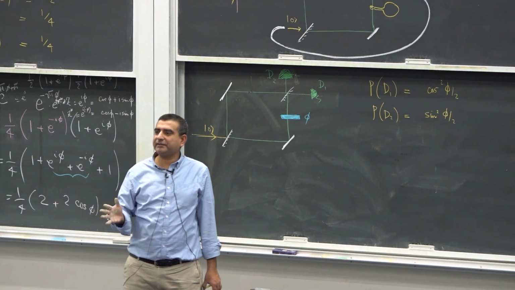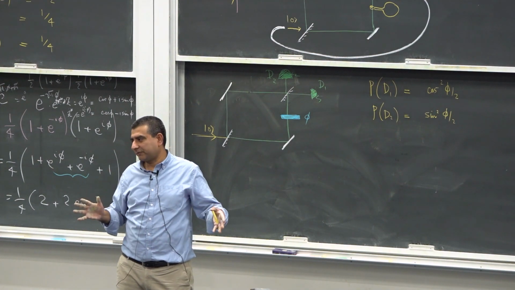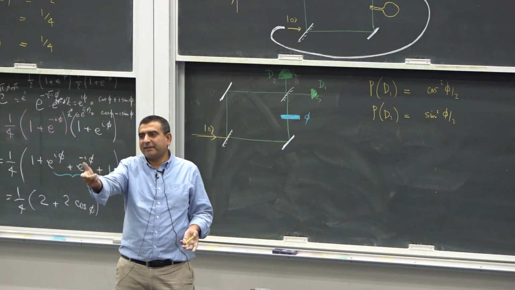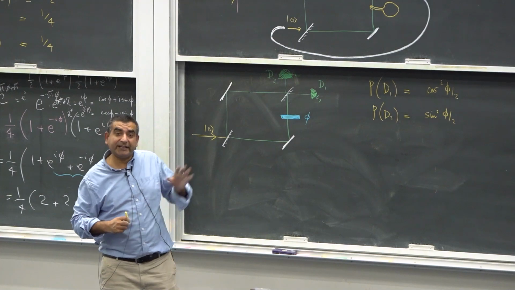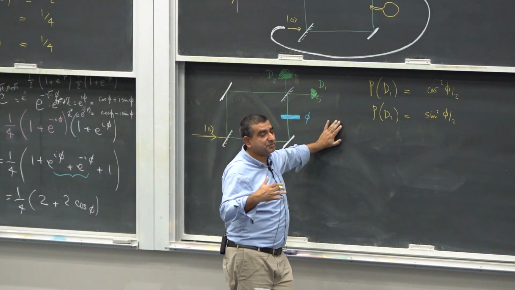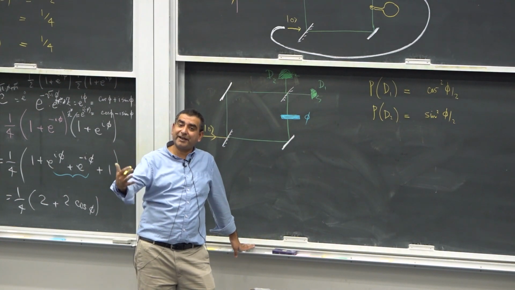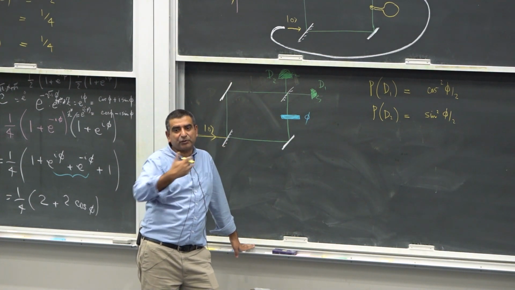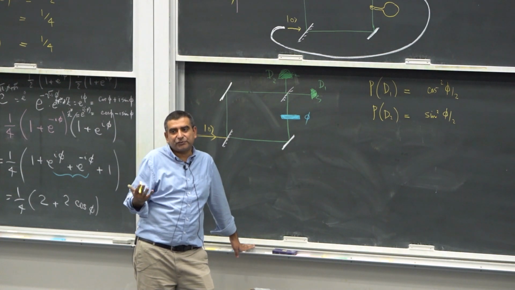You have to repeat the experiment with multiple identically prepared photons so that these probabilities reveal themselves, just as a single coin toss cannot tell you what the probabilities are. Anyway, this is an a priori probability as well, which means that even before you do a measurement, you could predict the probability that detector D1 is going to click, and that's going to be cosine square phi by 2, and D2 clicking is sine square phi by 2.